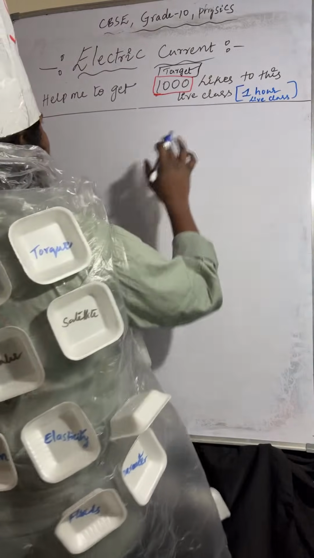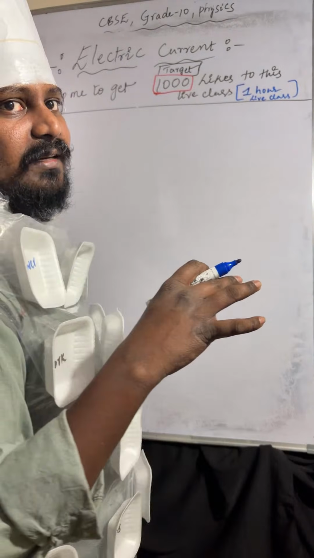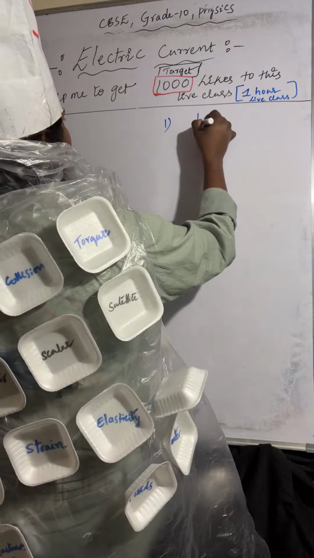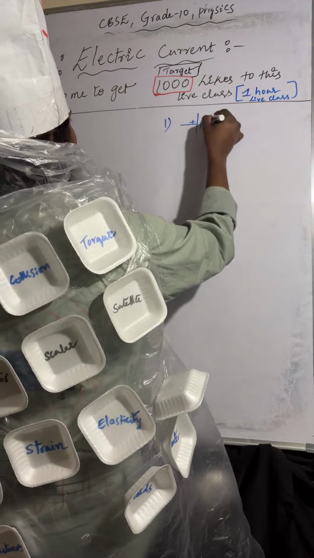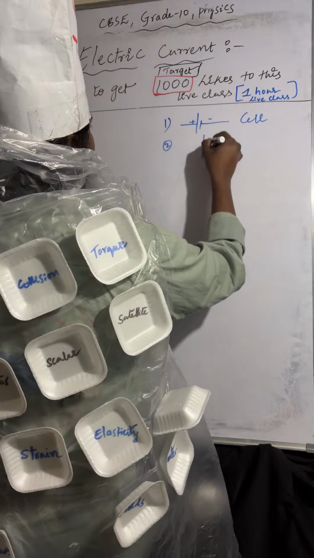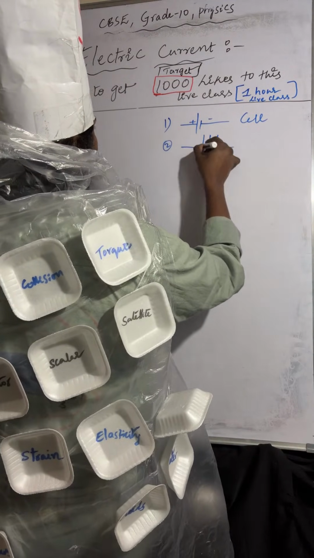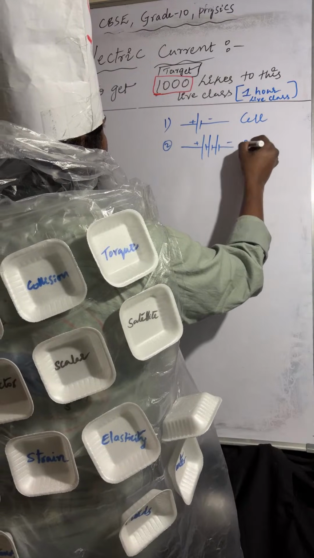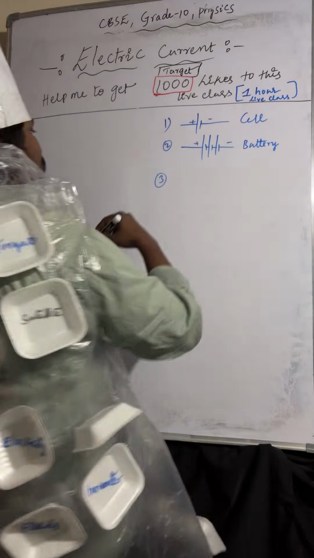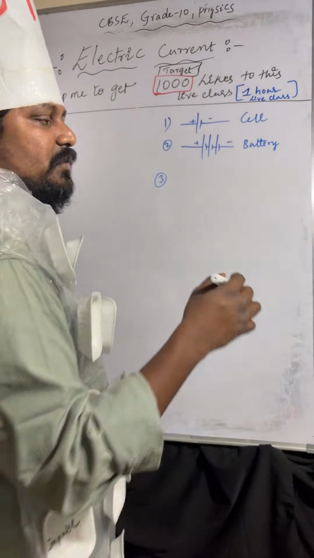Now I am considering electrical elements. First one is the cell. Positive terminal, negative terminal. This is a cell. The next one is the battery, with a positive terminal and a negative terminal. The third one is the switch.